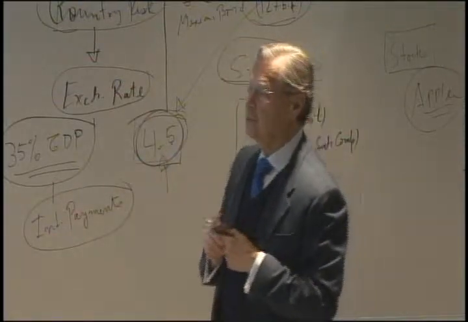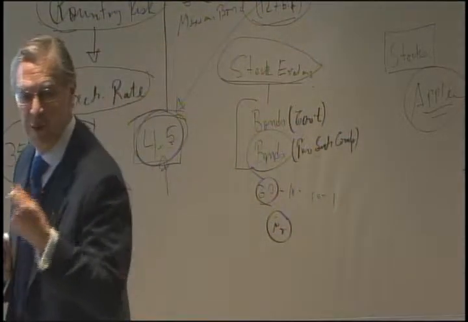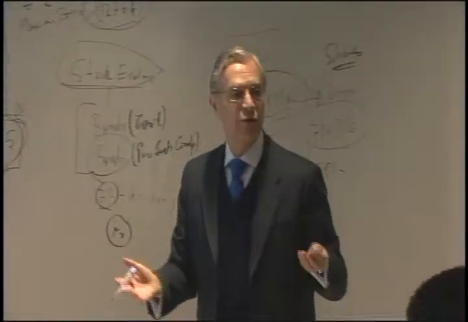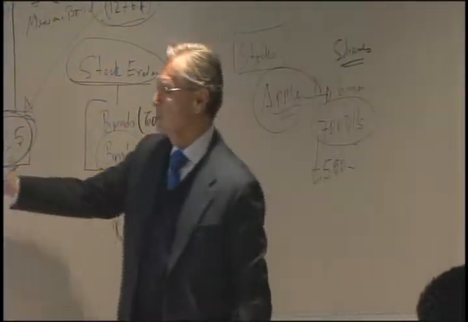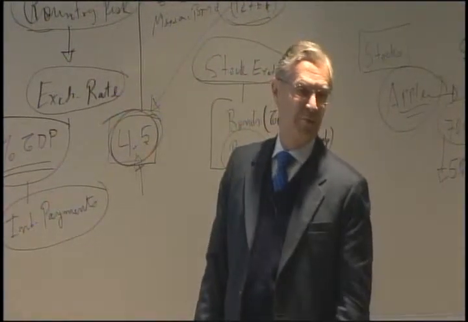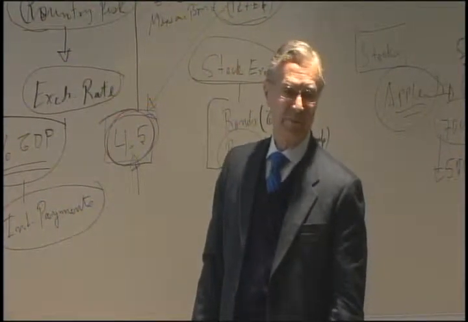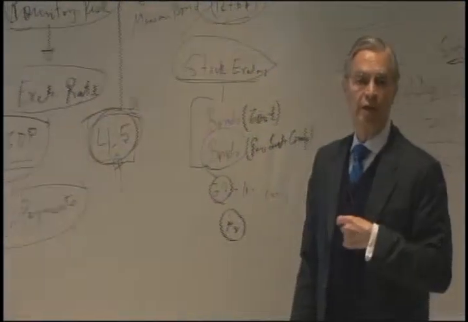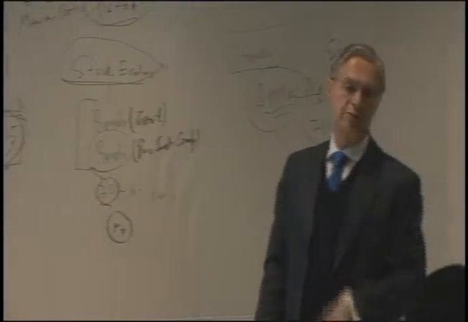Okay. And so I want to check how much do they have to pay. So what is the interest rate that you will consider a debt of 35% of GDP should be paying? Remember, the United States is 100%, Spain is over 100%.